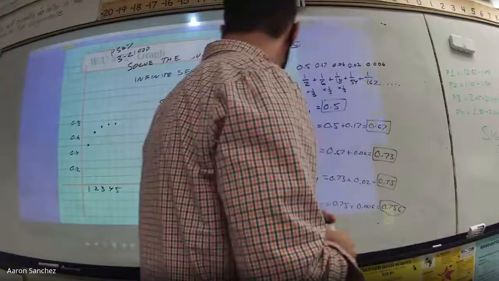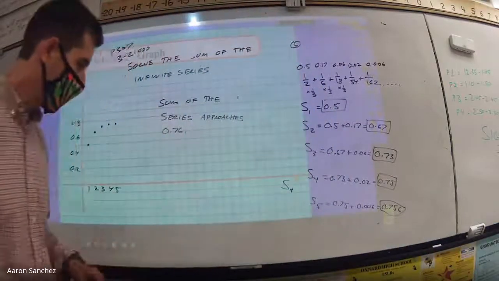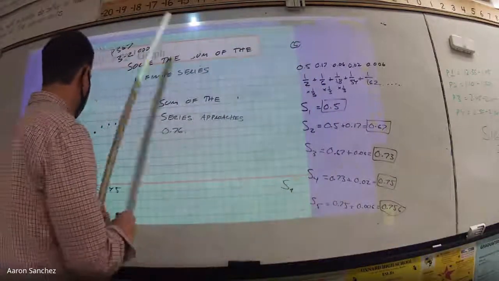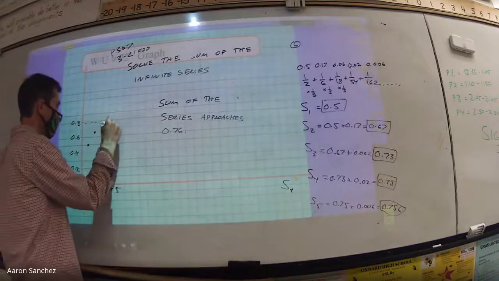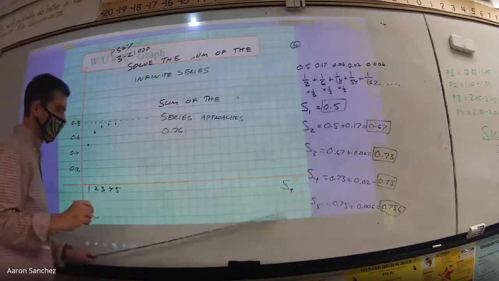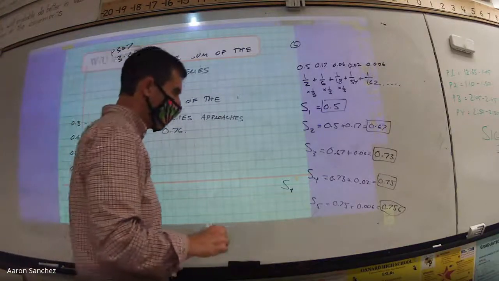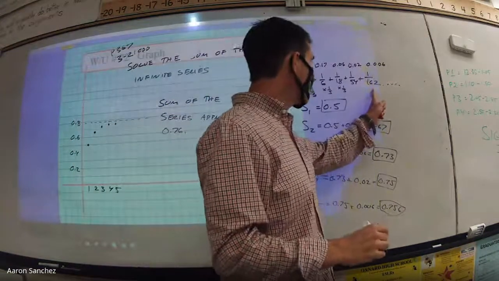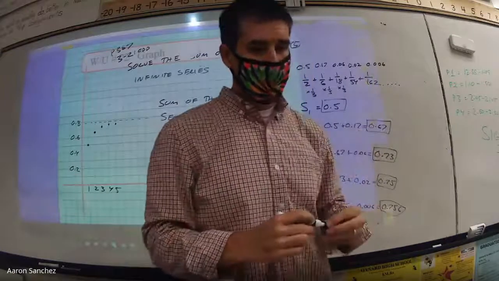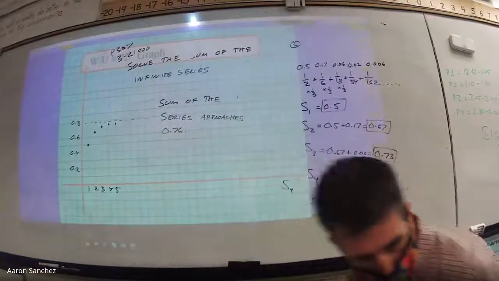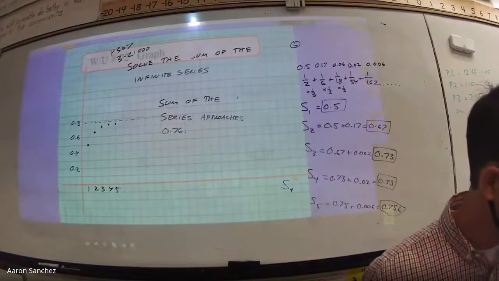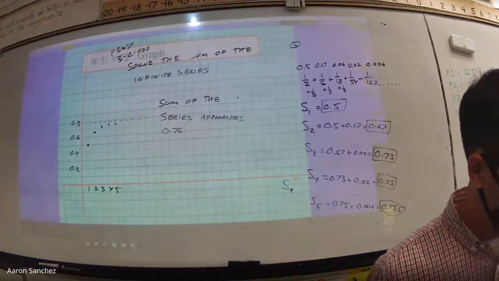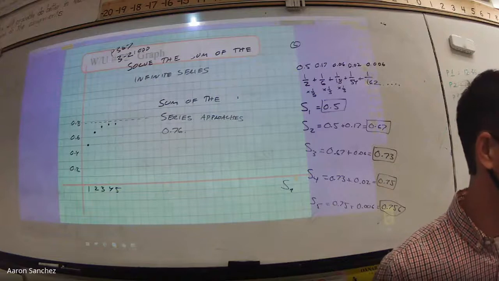You can see it's going to approach 0.76 because it flattens out right about here. And it won't increase much more because of 1 out of 162 and then whatever, 1 out of, well, what's 162 times 3, right? 500, 1 out of 500. It's a very small piece of the pie.